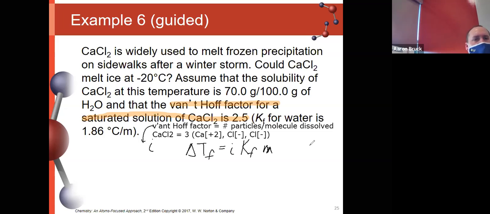So that equation that I gave you, delta TF is equal to KF times m. Well, in order to account for ionic compounds, we actually throw in that Van Hoff factor in there as well. So delta TF is equal to i times KF times m. Now we've got the value of i, 2.5. We've got the value of KF, 1.86 degrees Celsius per molal. The only thing that we're missing is the molality.